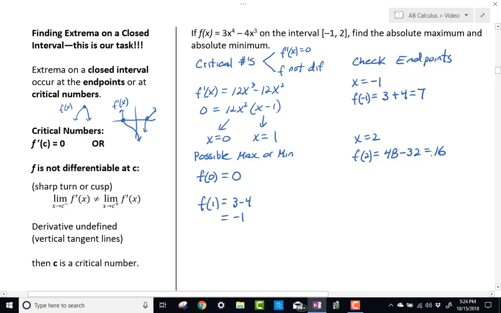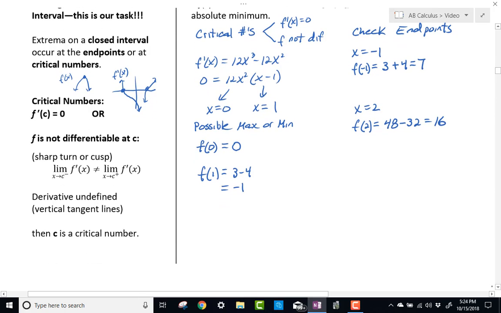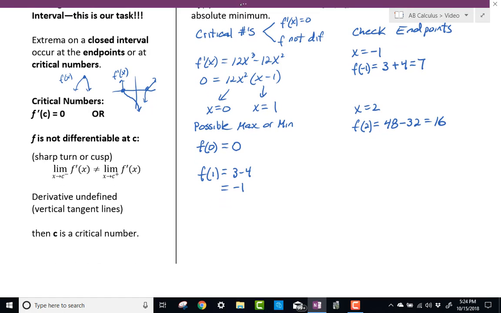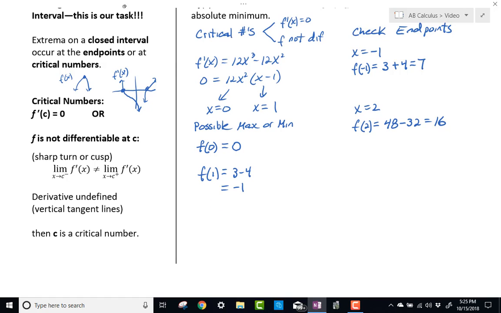All right, so we're going to write this out as if we were writing it on our AP test. The absolute max is 16 when x equals 2.